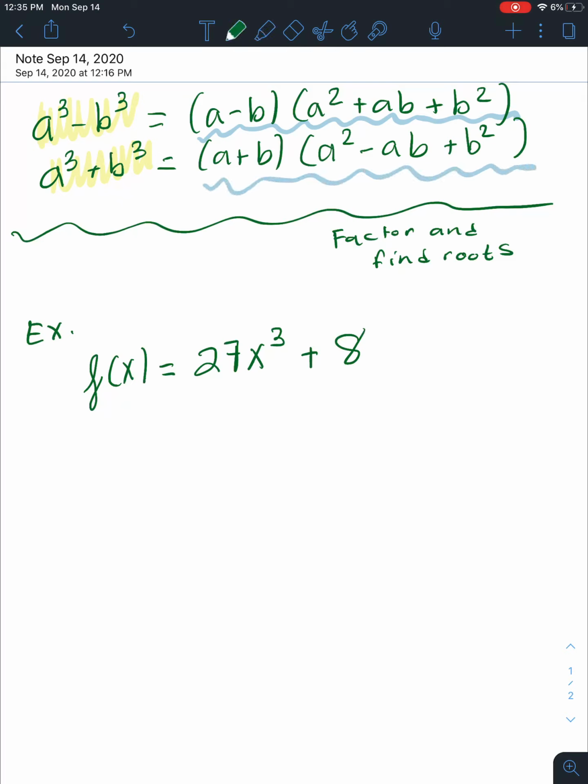So our first goal is we need to look at what we have in front of us, and we need to ask ourselves, is this function in the form a cubed plus b cubed? That's the first question you're going to have to ask yourself, and you have to be really careful, because if you look at this, 27 is by itself.